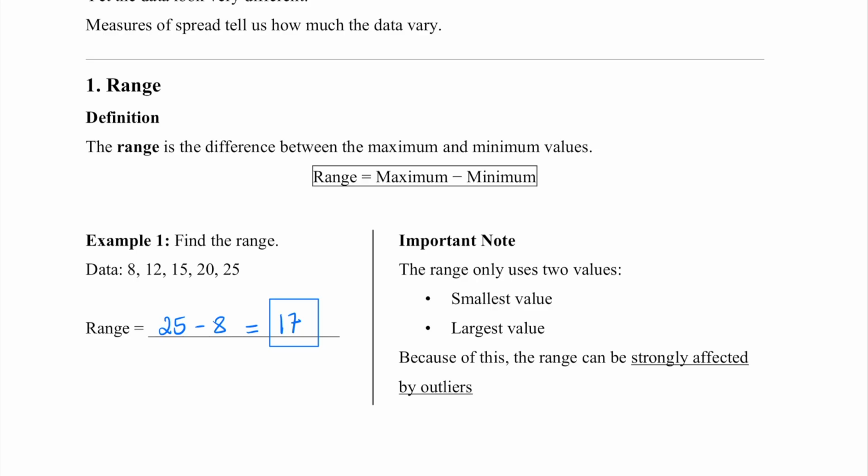Another issue is that the range can be strongly affected by outliers. So while the range is easy to calculate and gives us a quick measure of spread, it doesn't use all the information in the dataset. That's one reason we often prefer standard deviation, which uses every data value. And that's exactly what we'll begin discussing in the next video.